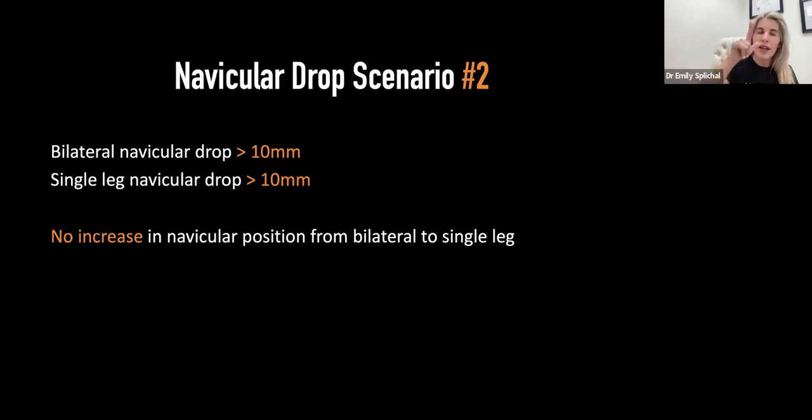There was no increase in navicular position. What does that mean? That means that they have hit that pathological navicular drop, whether they are in a relaxed or an active position. This is going to make me, from a clinical perspective, very strongly consider talking about orthotics, okay?